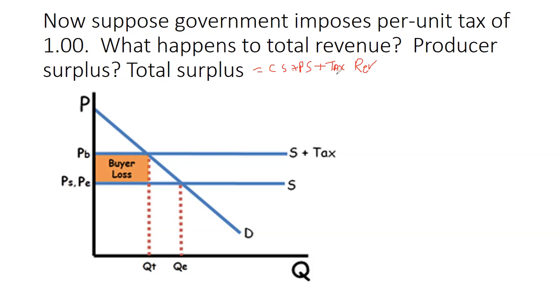Now, I will grant you, I did not do a good job talking about tax revenue as part of total surplus. As we continue to graph during the course of macro to review, I will do a better job going over that. I would really take responsibility for you not getting that point, but I still think you could have gotten it by knowing that total surplus decreased because of deadweight loss.